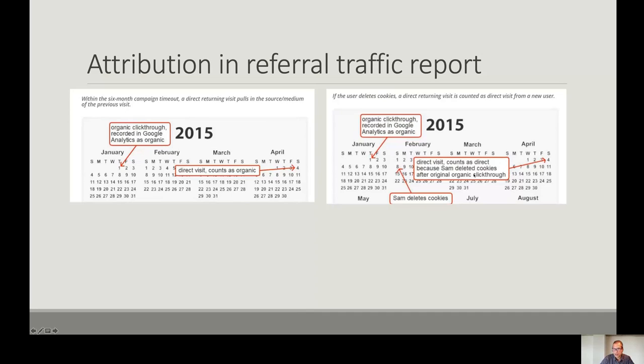In the absence of the cookies, this visit cannot be attributed to the previous visit by this user. That attribution cannot be made because there is no way to identify this user on April 4th. And so this visit will be considered as a visit by a new user and will count as a direct visit.